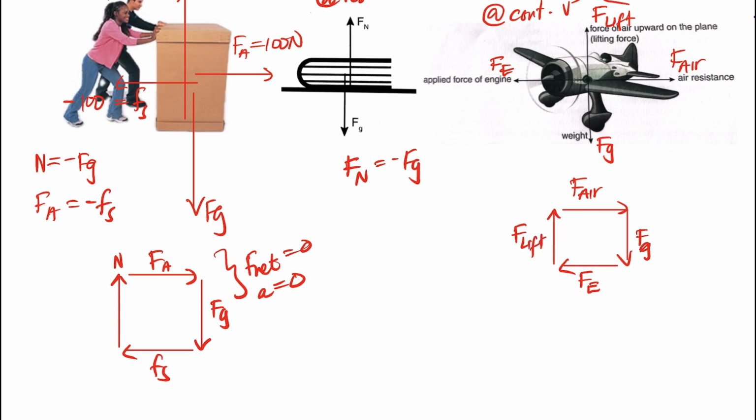So even here, guys, F net is equal to 0 and the acceleration is 0. This is closed. There's no resultant here, with the vectors following one another. There's no gap between the tail of the first vector and the head of the last vector.